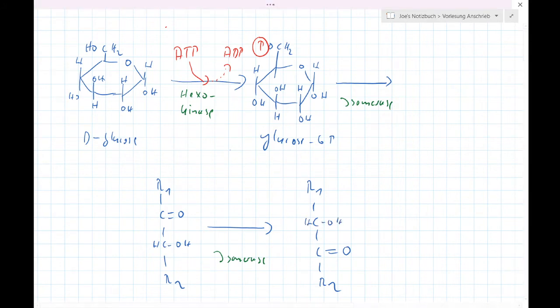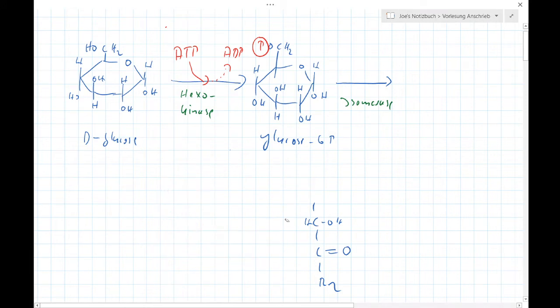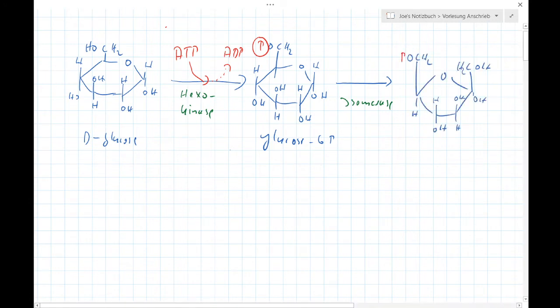So I have moved my keto group. This is what an isomerase does. It could, of course, move in any direction. So let's remove this. If I do that with glucose 6-phosphate, what I get is fructose 6-phosphate. Okay, and this molecule is called fructose 6-phosphate.